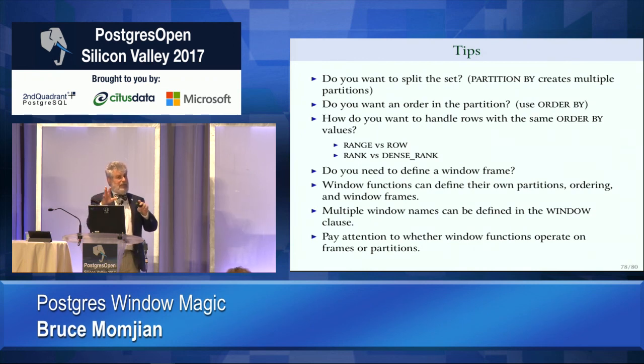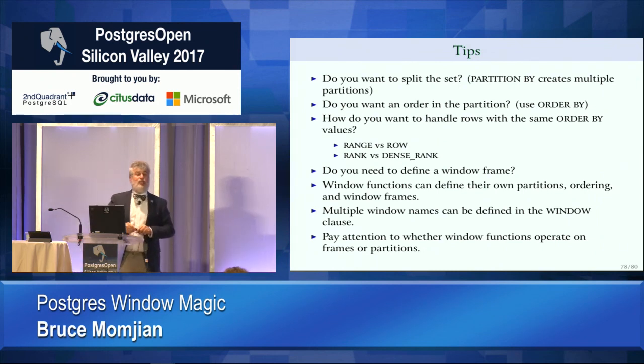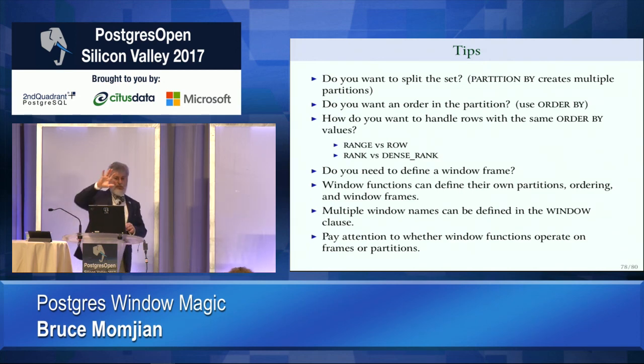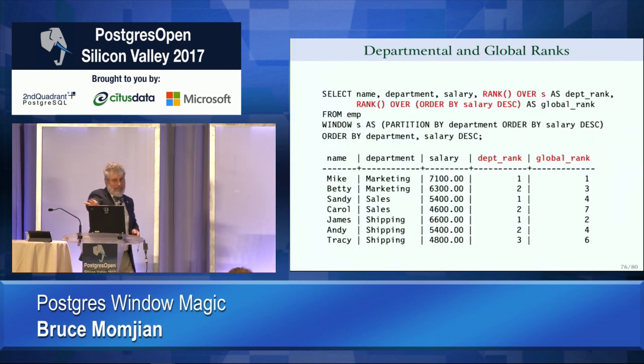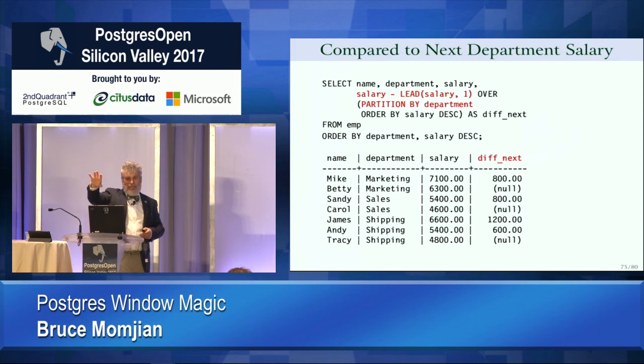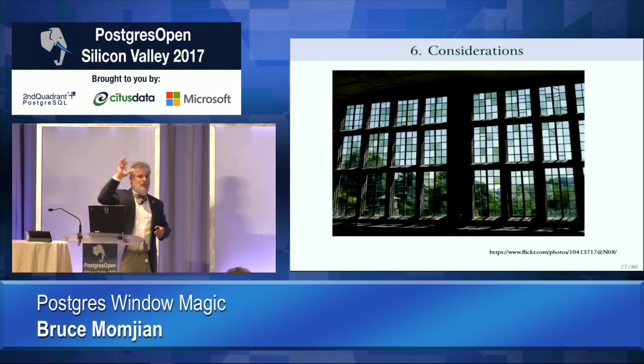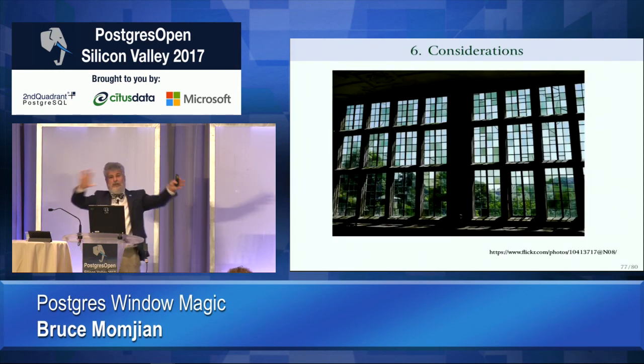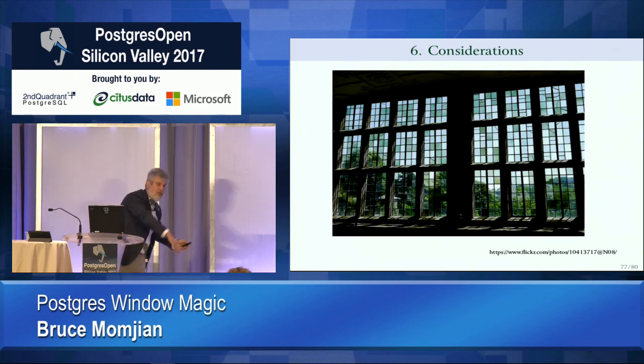So I always tell people, still use an order by clause at the end. Can you use a different order by? Absolutely. You can use completely different order bys in different window functions, and you can use a different order by as a result.